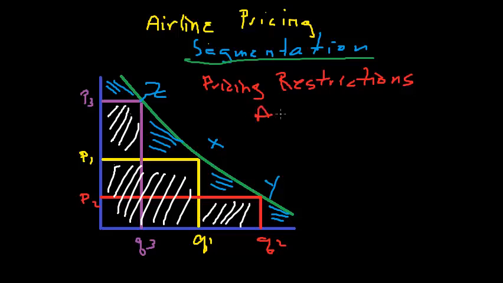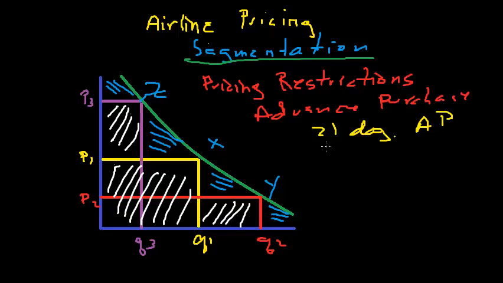There are advance purchase requirements. So you might have, let's change colors here, a 21 day AP, advance purchase requirement. Or you might have the minimum stay.